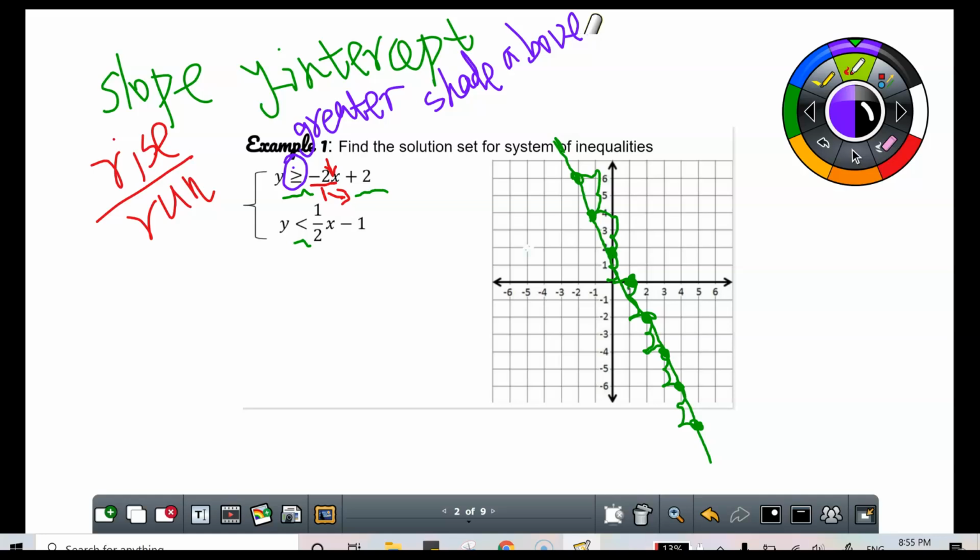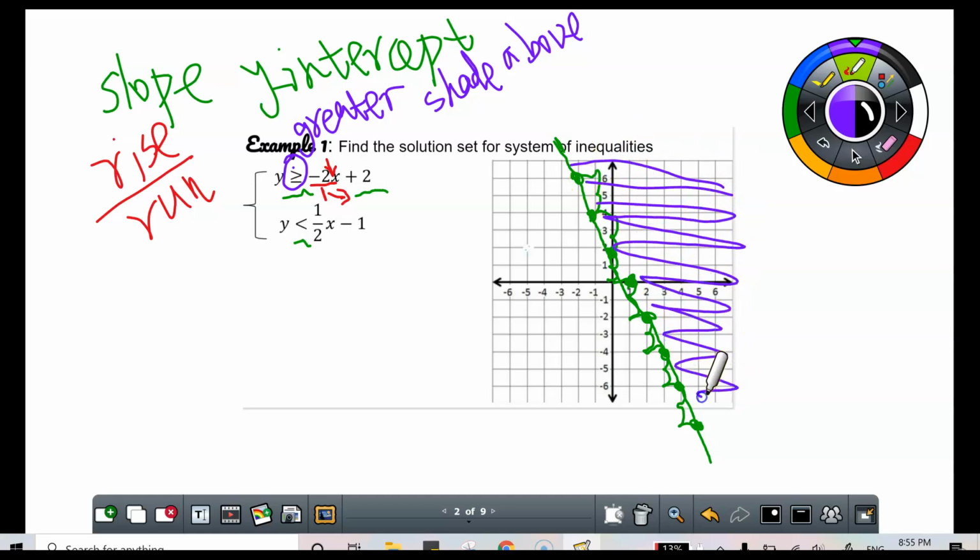Okay? So this is the line. Above it, on top of it, is this area. So shade it. Okay. So with the shading, this is your first inequality.